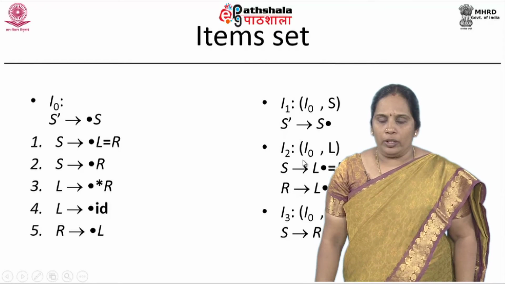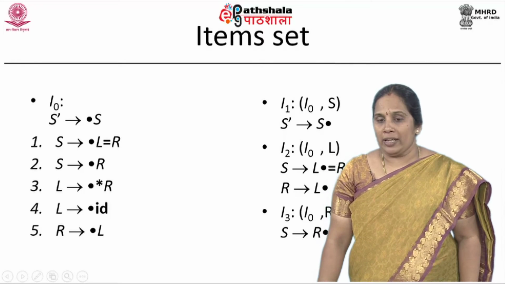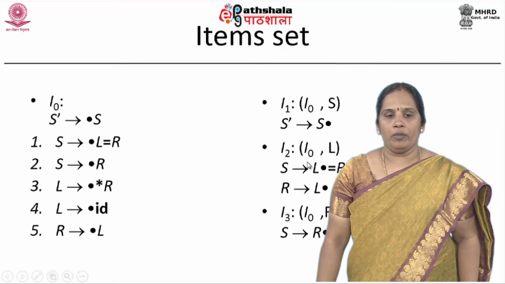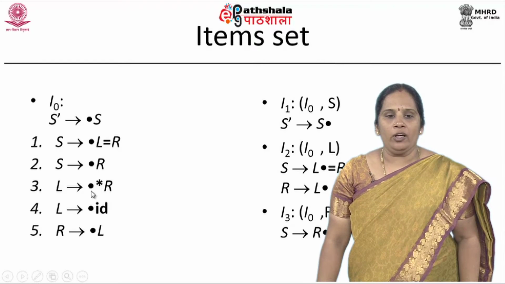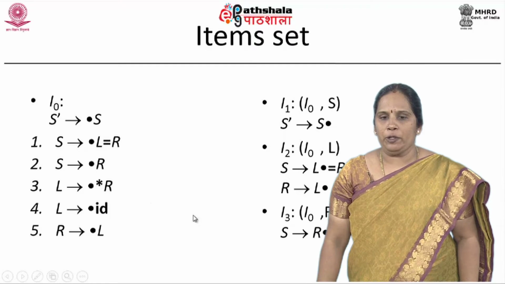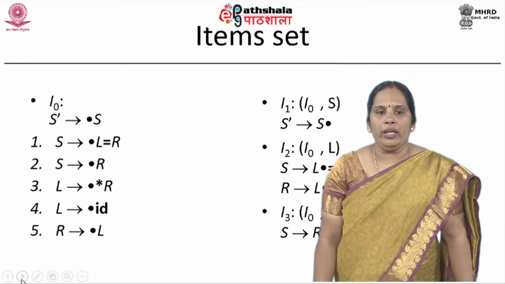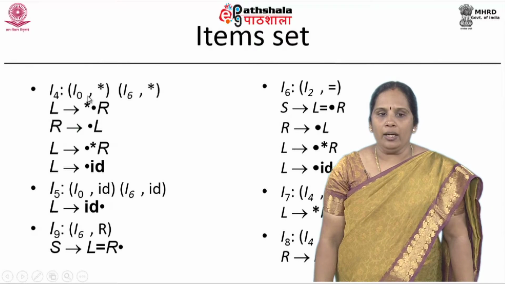There is an equal to here which is a terminal, therefore, no further productions have to be added to I2. Now, I3 is I naught comma R, where only one production qualifies, which is S produces R dot, and I4 will be I naught comma star, that is L produces star dot R.